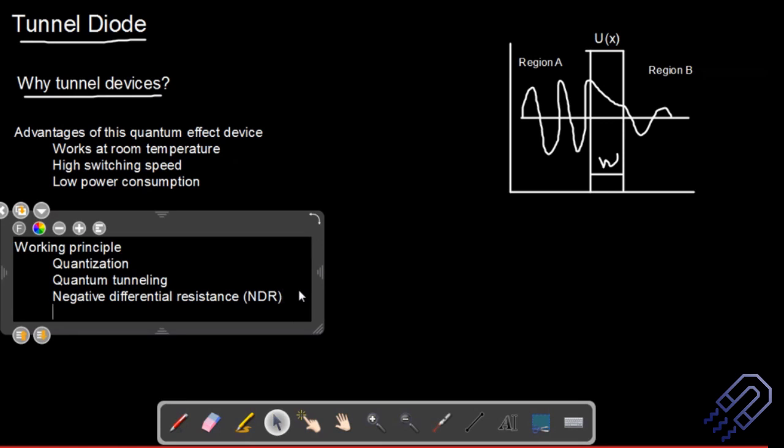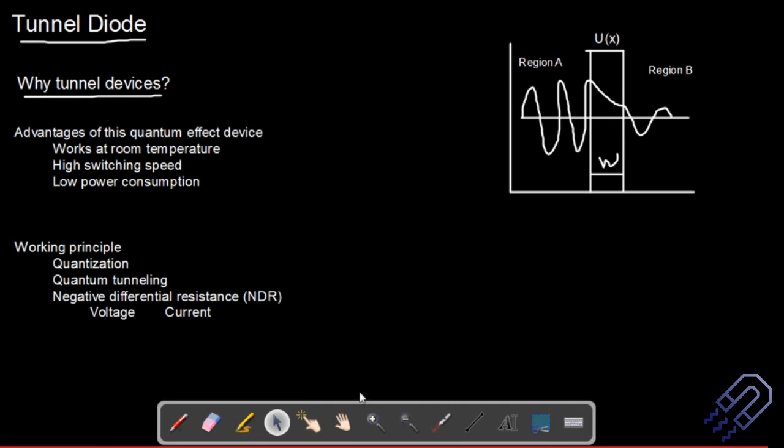With an increase in voltage, the current will actually reduce, and that is called negative differential resistance. So these devices are such that, depending on how they are designed and on the tunneling effect, we can decide that.